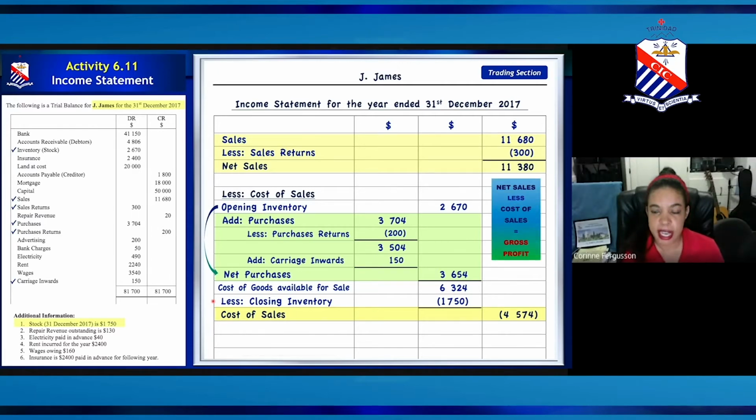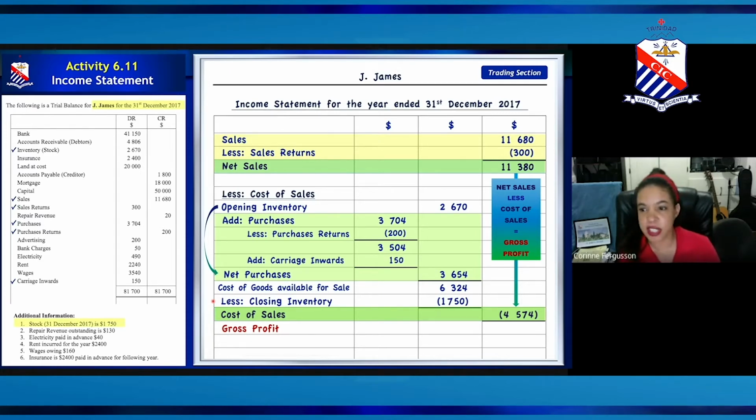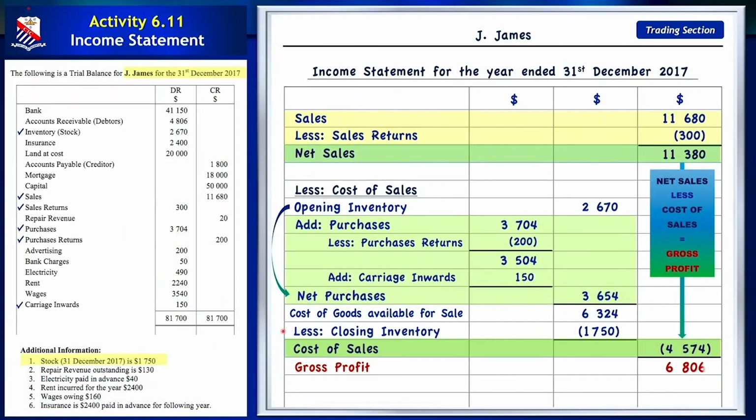So your net sales less your cost of sales, which is what we have to do now. Your net sales less your cost of sales. That is what is going to give you your gross profit. And the 11,380 less your 4,574 gives you your figure or your gross profit of 6,806.